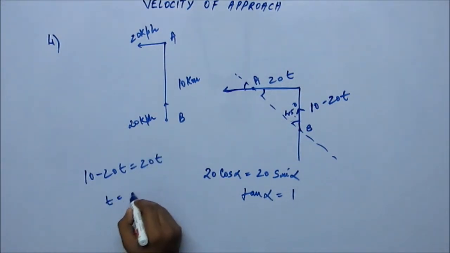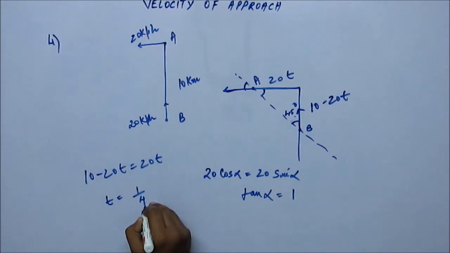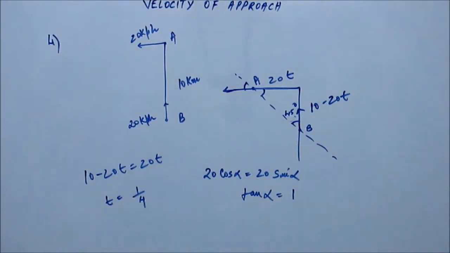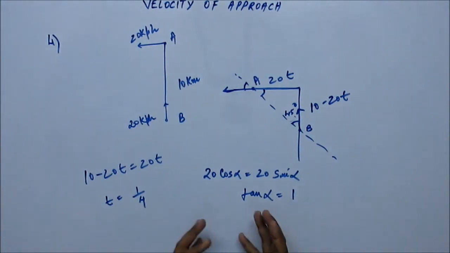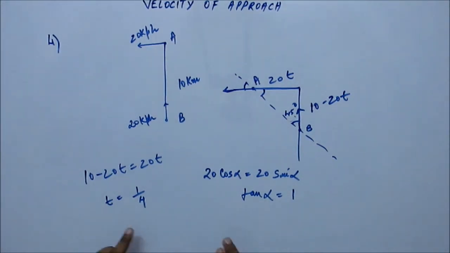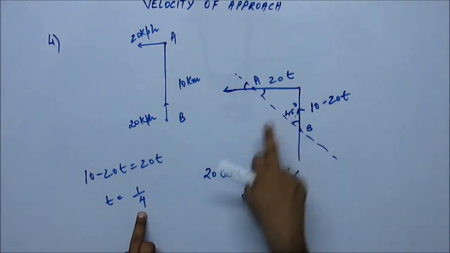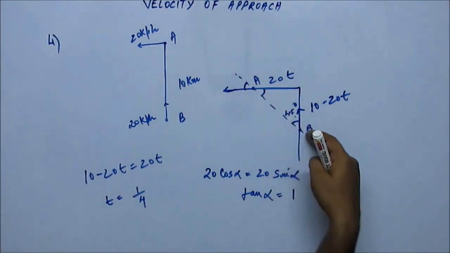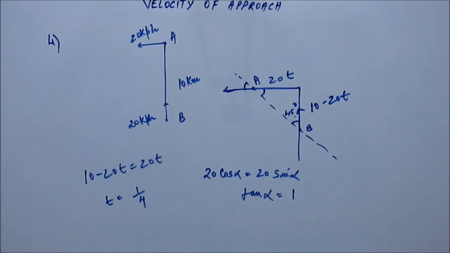So t should be equal to 1 by 4. The unit is hour. So the time it would take for the two trucks to come closest possible would be 15 minutes. And the closest possible distance, you put t here, you will get 5 and 5. The closest possible distance will be 5 root 2.